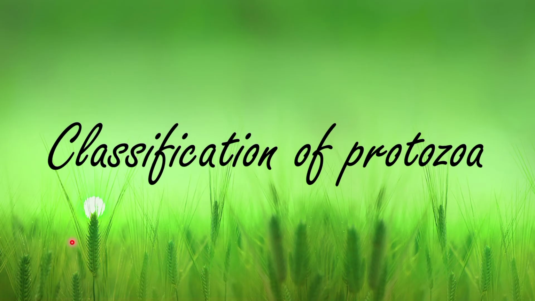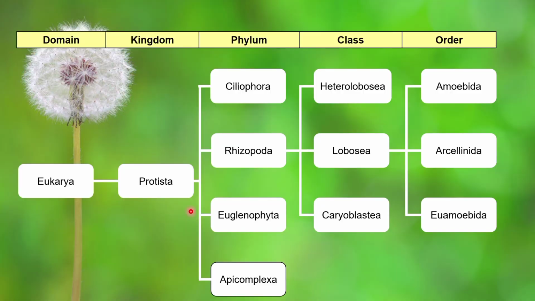Classification of protozoa. So as we can see here, firstly, living organisms are classified into three domains, which are bacteria, archaea, and eukarya. Protozoa is classified in eukarya because it has a nucleus and membrane-bound organelles. Eukarya is the domain consisting of unicellular and multicellular organisms whose cells contain nuclei and membrane-bound organelles.